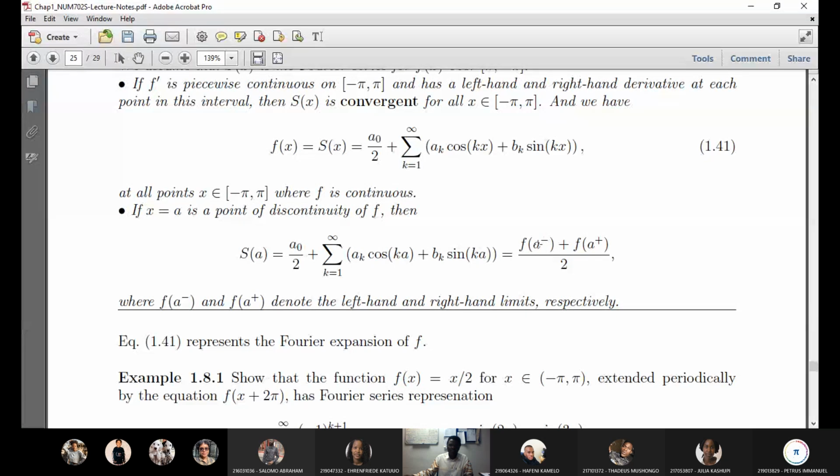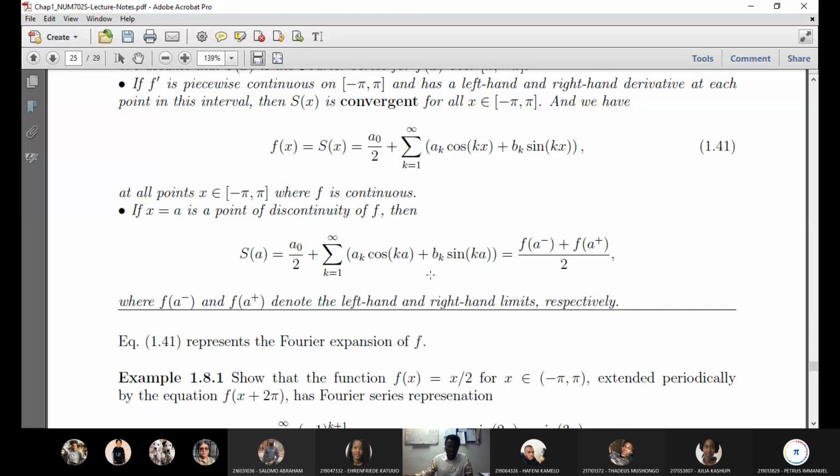So if f of a minus is the same as f of a plus, that's exactly what we call f of a, because they will add up to be 2 f of a, and the 2 in the numerator and the 2 in the denominator will cancel out. Then it will give you f of a. But at a discontinuity, it doesn't converge to f of a, because f of a does not exist. At a, there are two values, the left value and the right value.